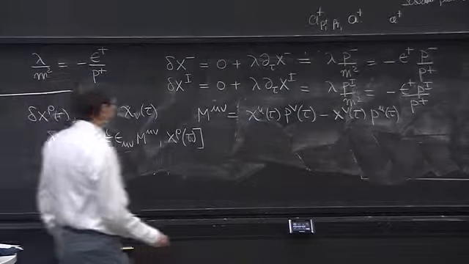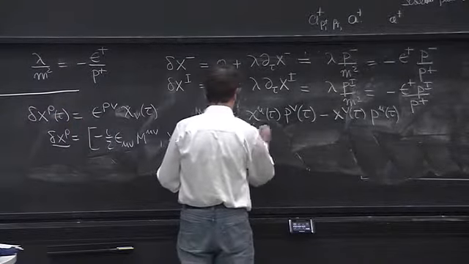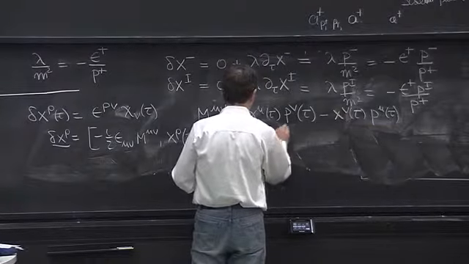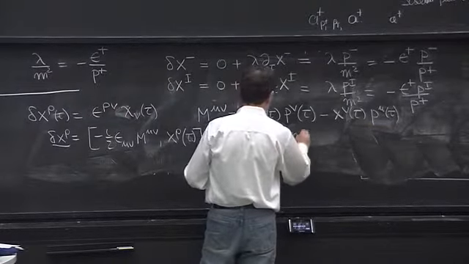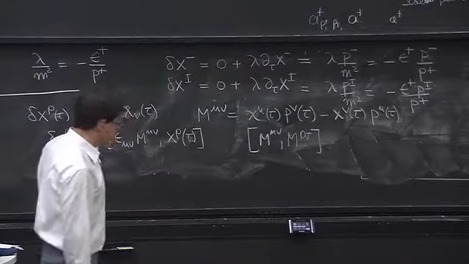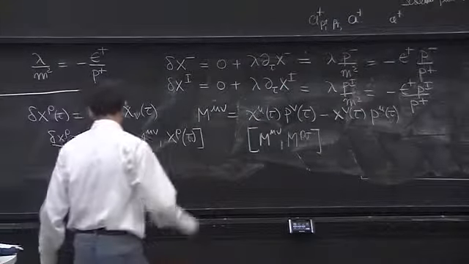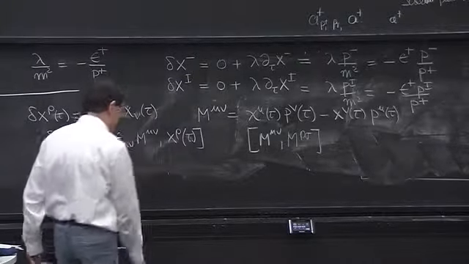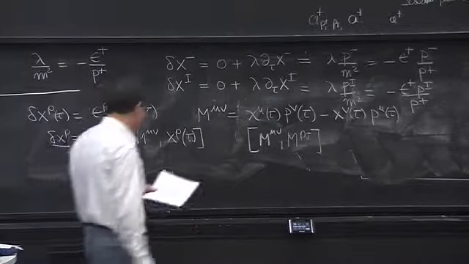And what algebra do the M's satisfy? They satisfy, you can compute their commutator [M^μν, M^ρσ], it is the Lorentz algebra. Probably you talked a little about it in quantum field theory.